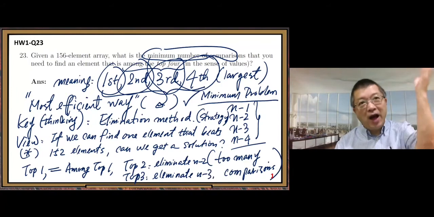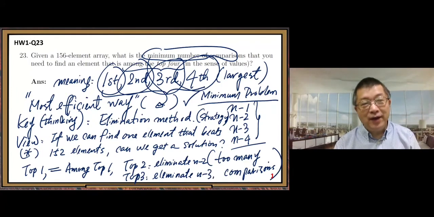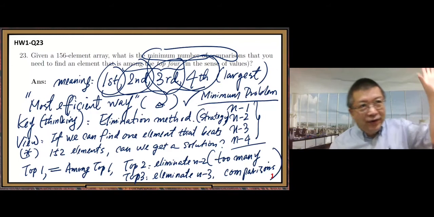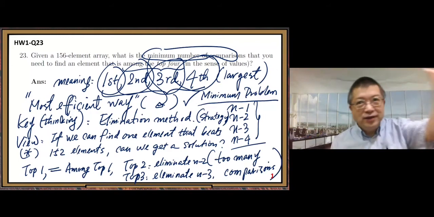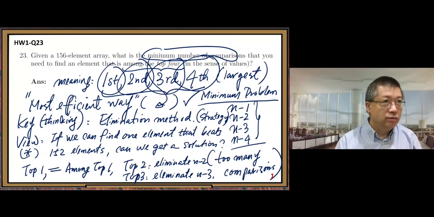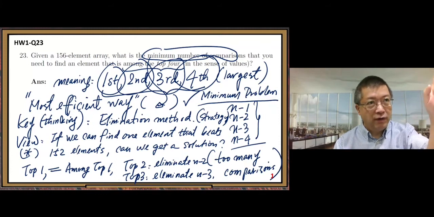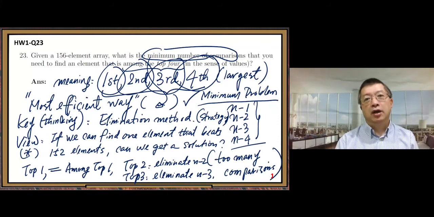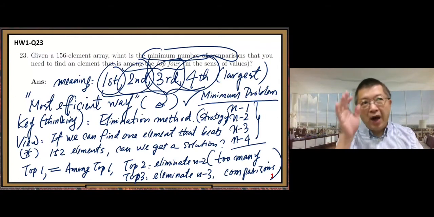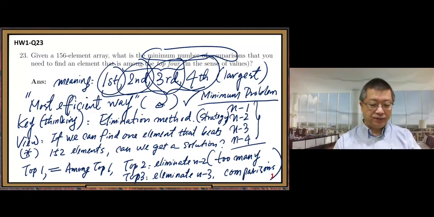Then top 4. Think in that way. If you think through all these analysis steps, then you will feel comfortable solving this problem. So that is question number 23, the hardest one in this assignment.